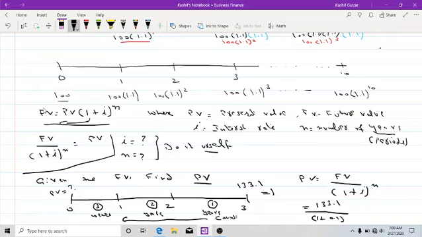In order to get the future value, we count forward, and in order to get the present value we count backward.